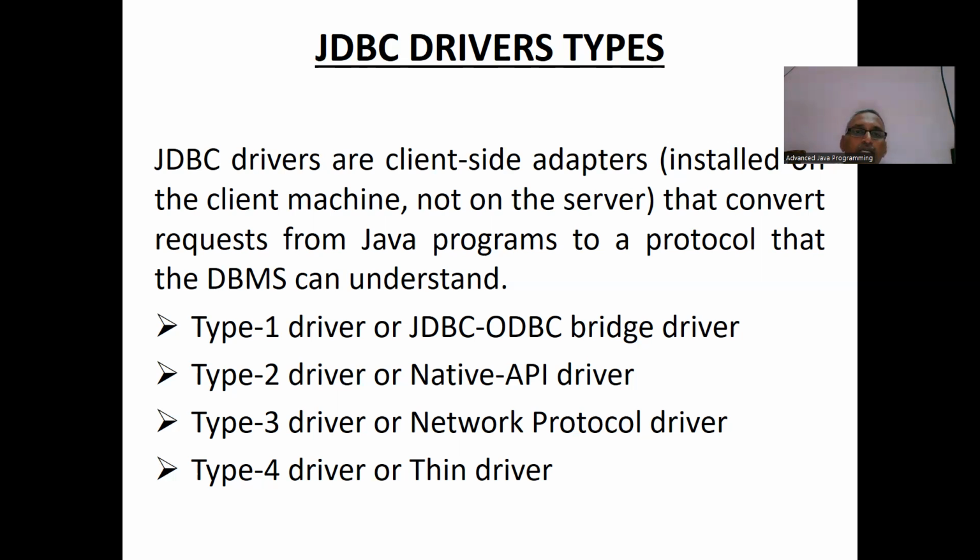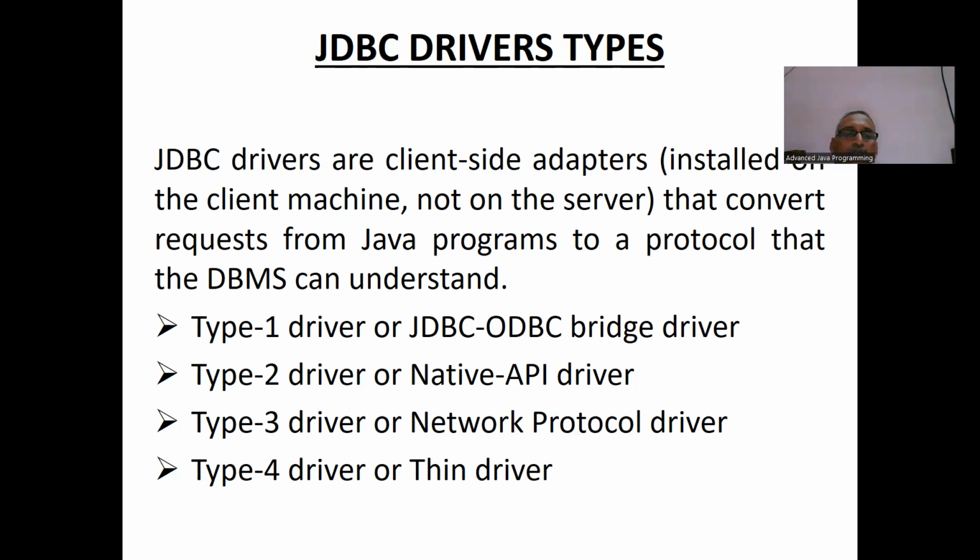Types of JDBC architecture. The JDBC architecture consists of two-tier and three-tier processing models to access a database. First, the two-tier model. In the two-tier model, a Java application communicates directly with the data source.